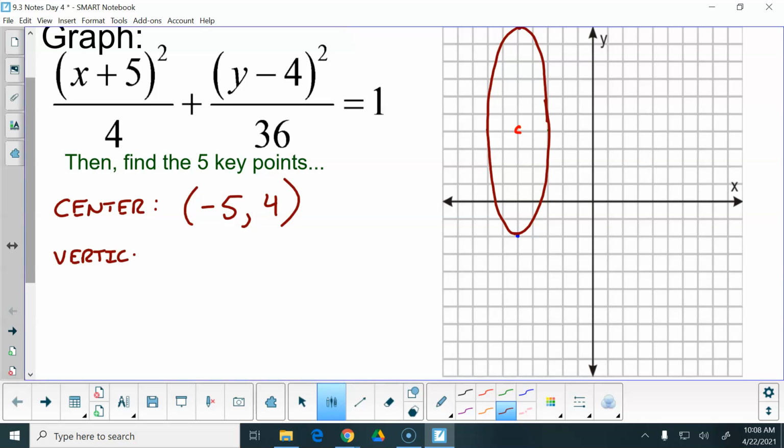It's thrown in an extra I. What are the two vertices? I like the negative, yes, because it makes it positive.